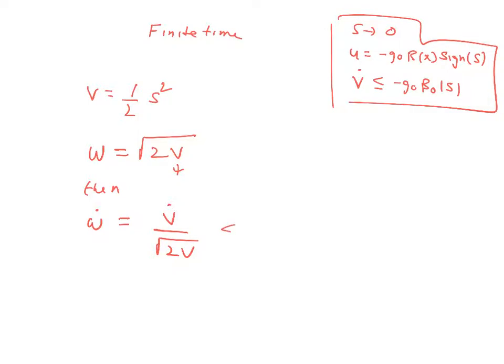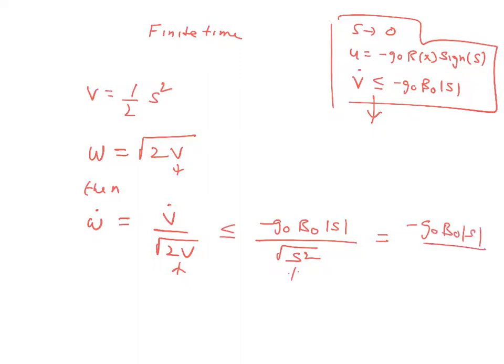And if you plug in the values of v dot, what is v dot? V dot comes from here, which is minus g0 beta 0 mod of s, divided by root 2v, which is nothing but mod s, and equals minus, and it's always positive. You cannot, because if you see why I'm instead of writing s, why I'm writing this, because I'm showing that mod s is always a positive quantity. So we can write g0 beta 0 s over mod of s, right?